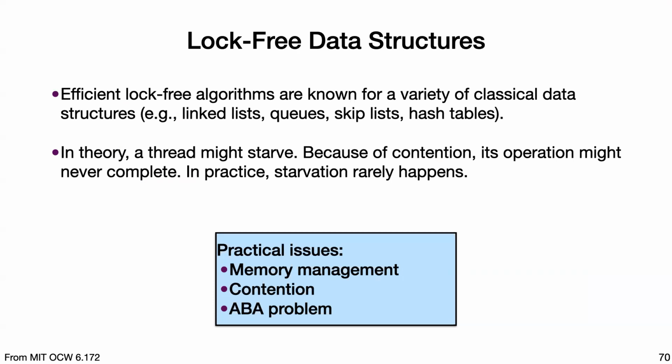In terms of practical issues with lock-free data structures, there's memory management, there's contention, and then there's this ABA problem, which I don't really have time to get into, but I have extra slides at the end that you can look through. At a high level, say you have two threads, and it has to do with memory reclamation, basically.